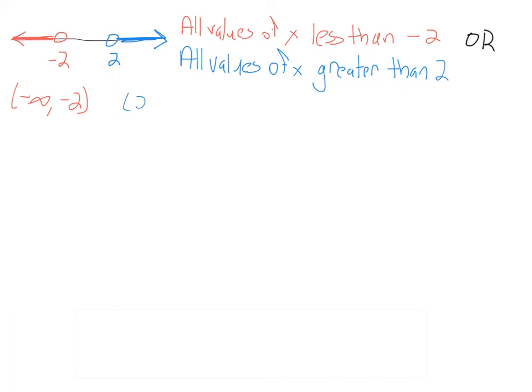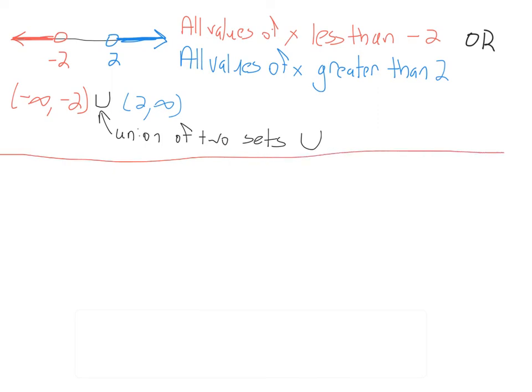For the set in blue, I would say 2 up to infinity, and I connect these two sets with a union symbol. So this is what we'd call a union of two sets, and for a union, we use the U. Okay, so this means either the values fall in the red interval or in the blue interval.